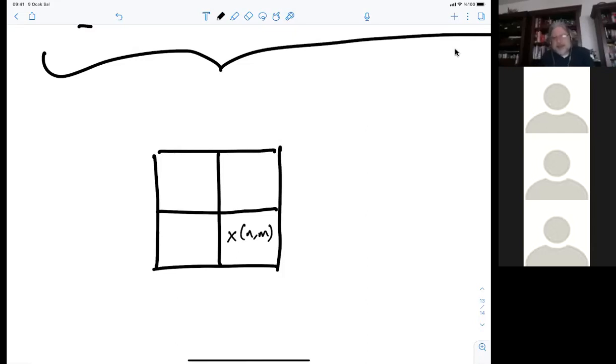So horizontally it's m. This becomes x of n m minus 1, this becomes x of n minus 1 m, and this is x of n minus 1 m minus 1.